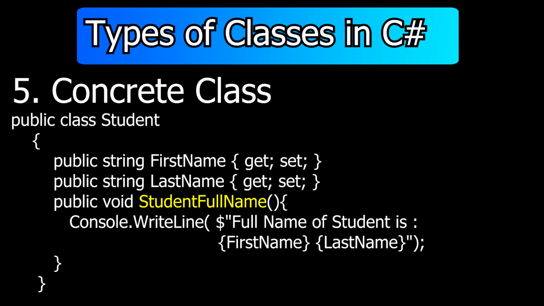Concrete class is the last type of class, which must have an implementation for all of its methods. It is the opposite of an abstract class, but it can extend an abstract class and implement the abstract methods of an abstract class.